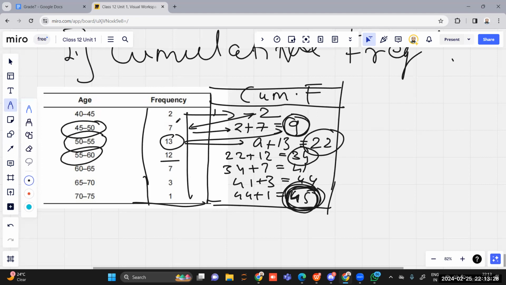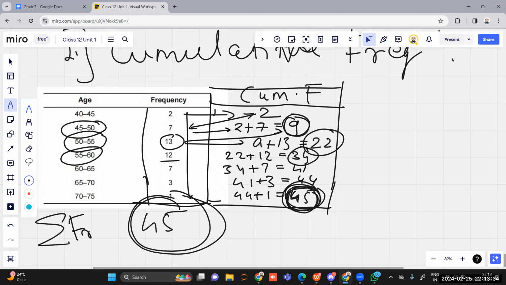If you count the sum of all the frequencies, it will be 45. You can verify this. The summation of all the frequencies and the last cumulative frequency are always equal. It cannot be unequal, because in the cumulative frequency we are adding step by step.